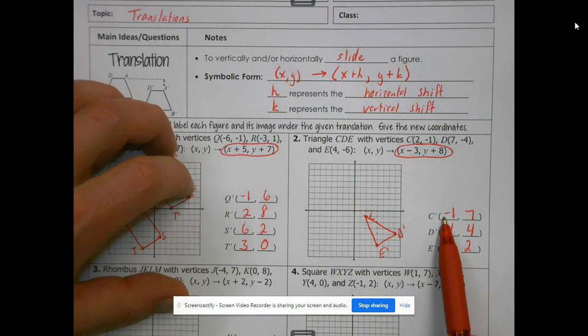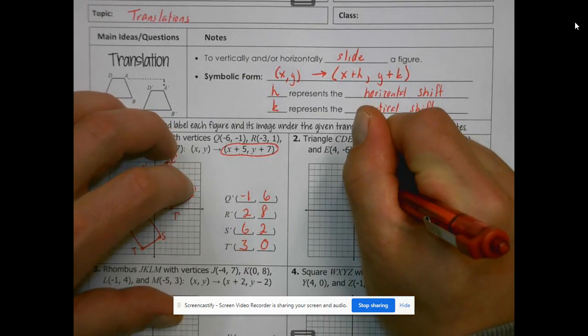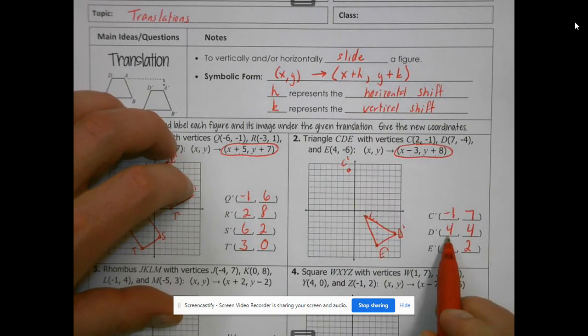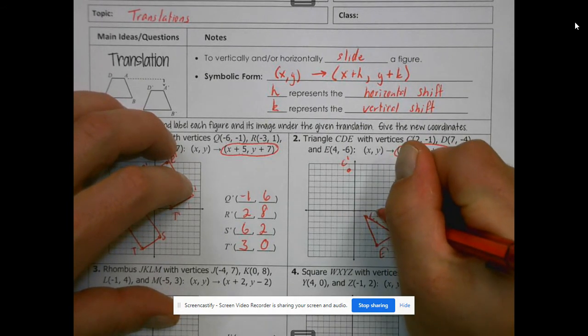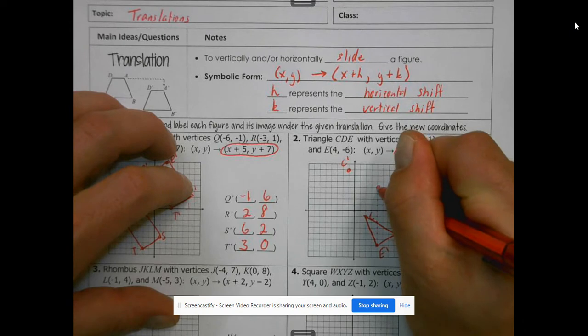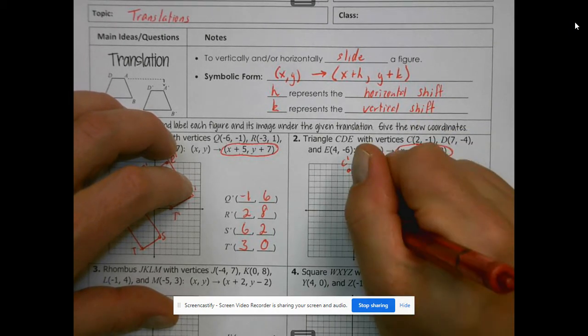C prime, back 1, up 7. D prime, over 4, up 4. And E prime is over 1, up 2.